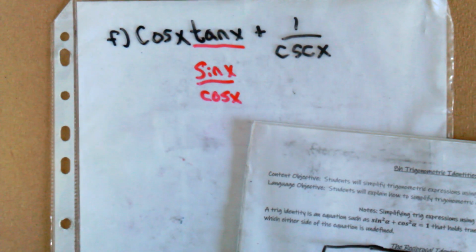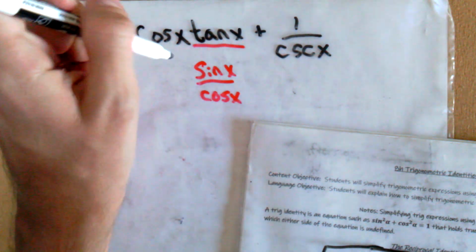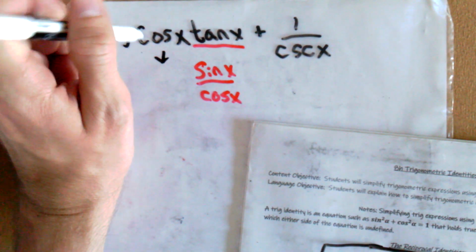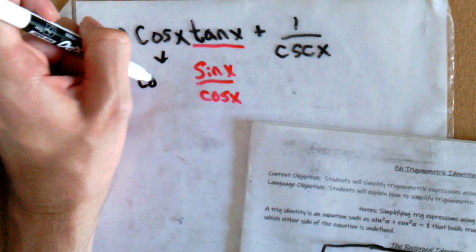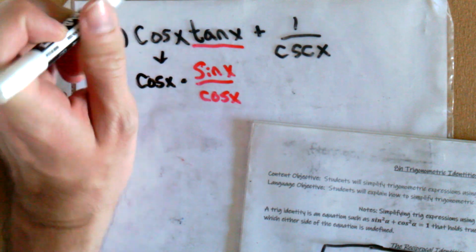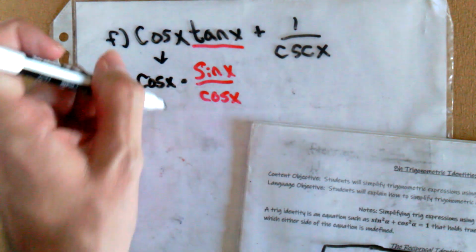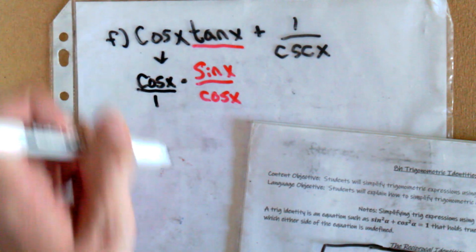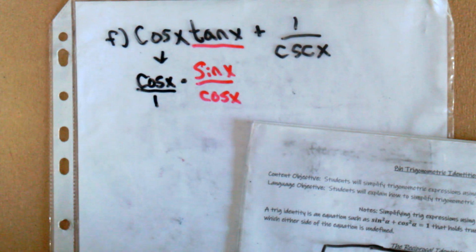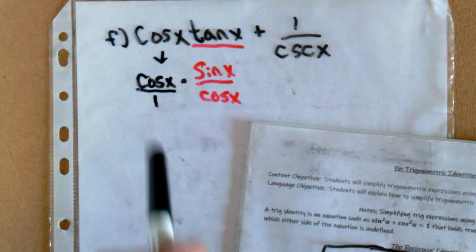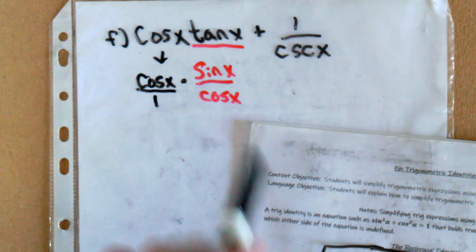I'll bring down our cosine. Remember, this is just being multiplied to tangent, so we have cosine times tangent, or sine over cosine. Remember, we can put any number over 1, so I'll go ahead and put cosine over 1 so we can see the two fractions. When we're multiplying two fractions, we just multiply straight across the top and the bottom.